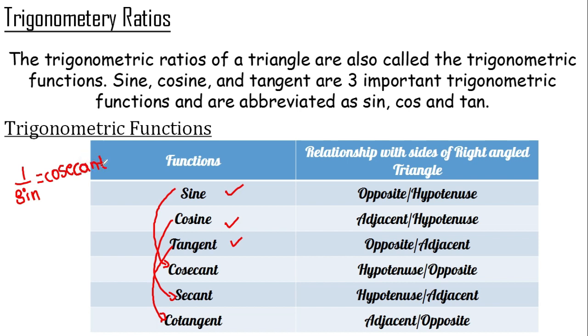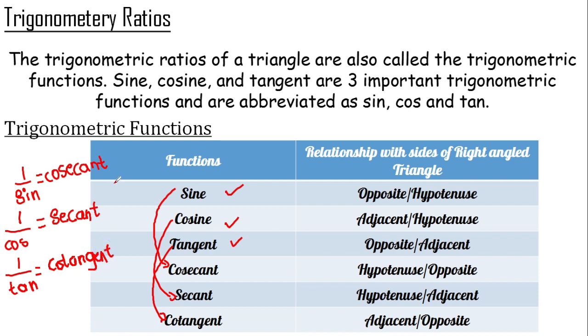Next, 1 by cos is equal to secant, and 1 by tan is equal to cotangent.